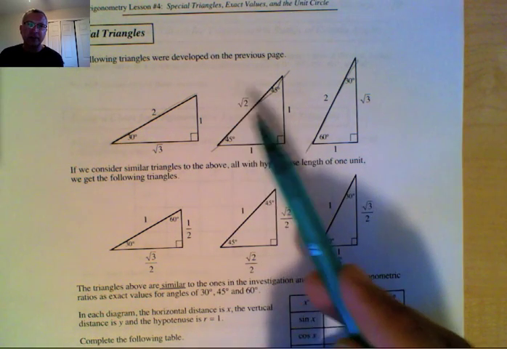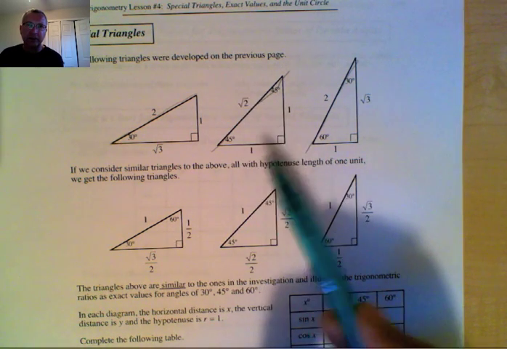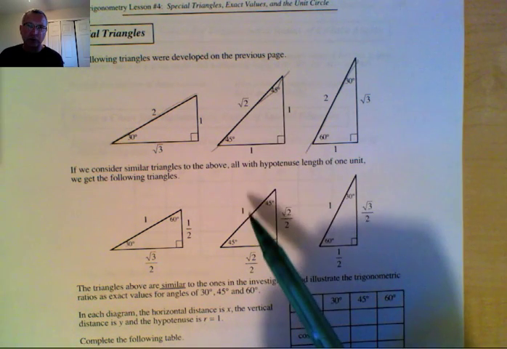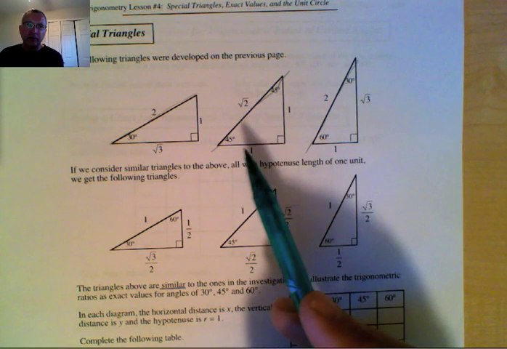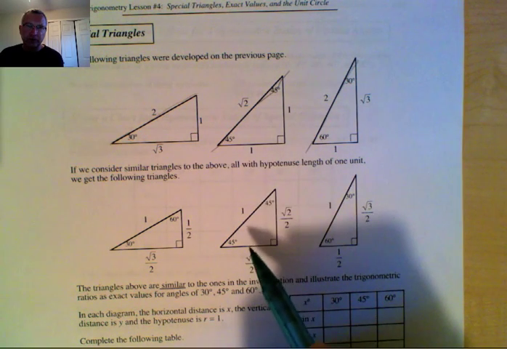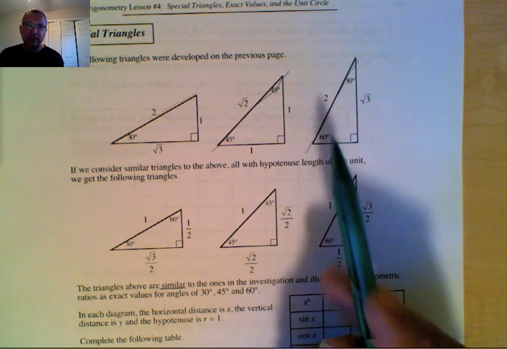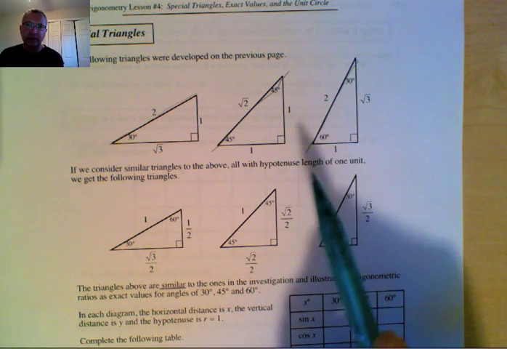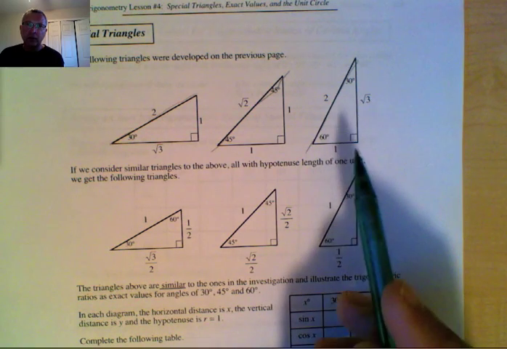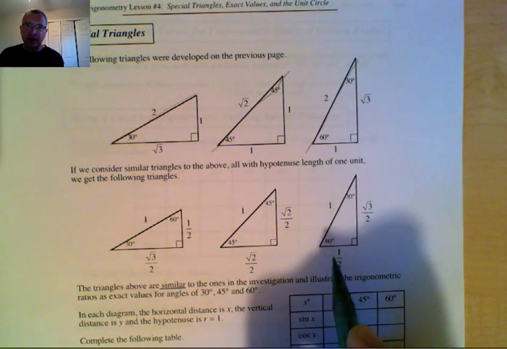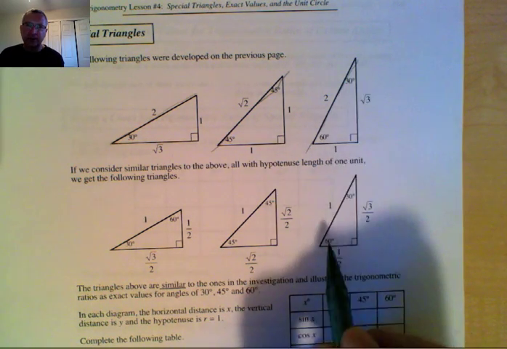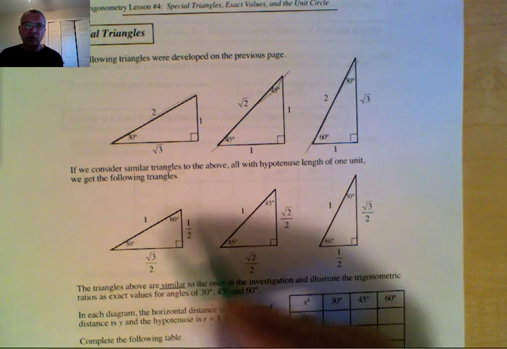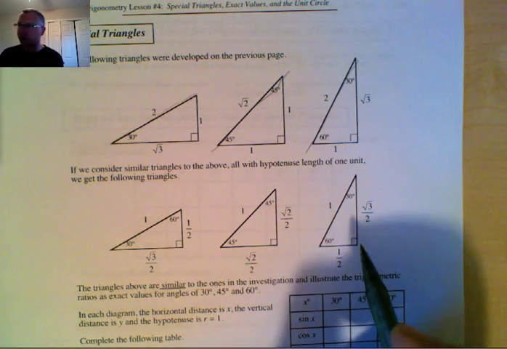If we do the same thing in the second triangle, if we divide everything by √2, √2 divided by √2 is just 1. 1 over √2, remember, is √2 over 2 in each of these cases. Again, here we're going to divide everything by 2, so 2 divided by 2 gives us 1, 1 divided by 2 gives us a half, and √3 divided by 2 gives us √3 over 2. So these are the actual triangles when they're in a unit circle, a circle of radius 1.